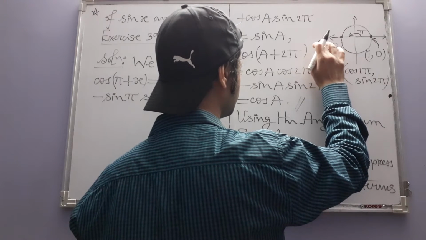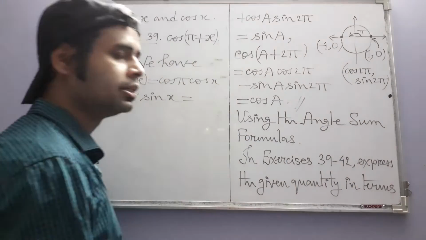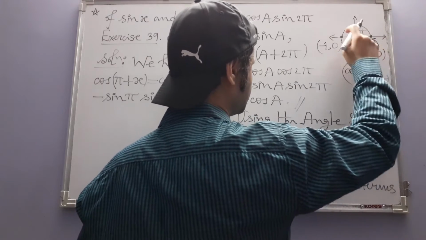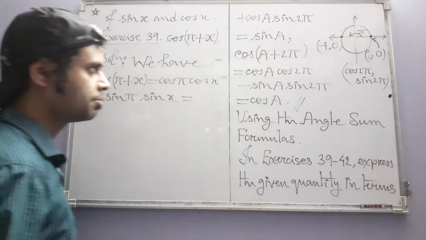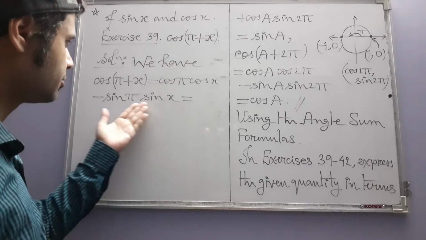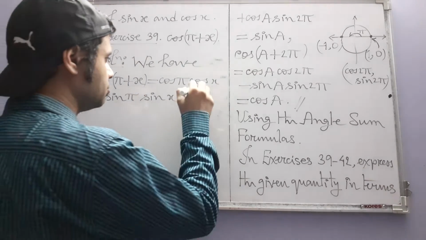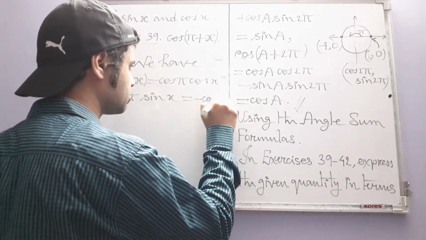Keep in mind that this 1, -1 are coming because the circle is a unit circle. So all these distances are 1 because the radius is 1. So that means cos pi is -1 and sin pi is 0. Sin pi is 0, so this term would not survive. Cos pi is -1, so we have minus cos x.